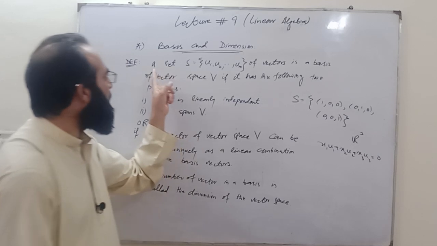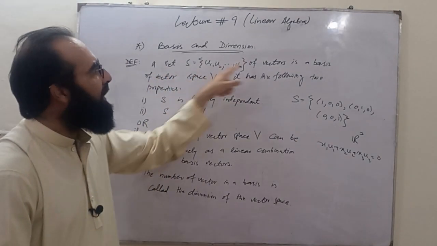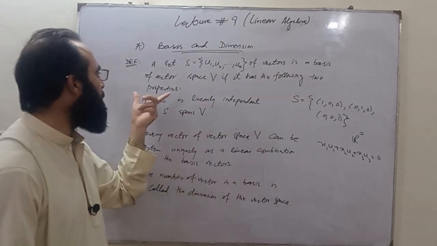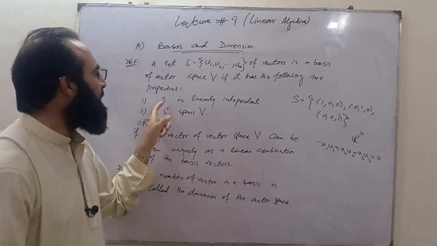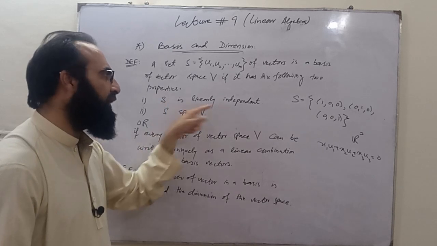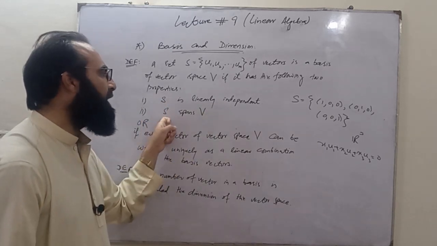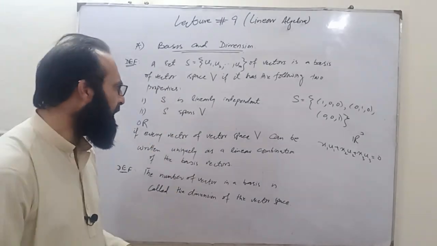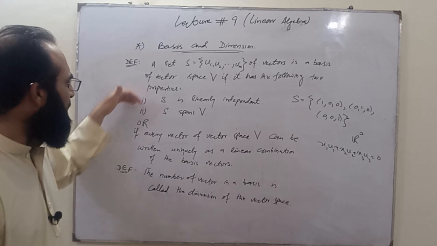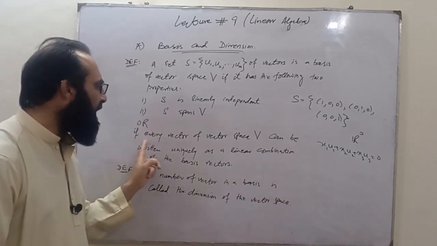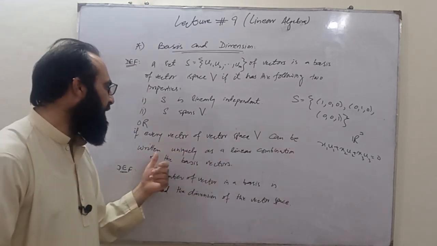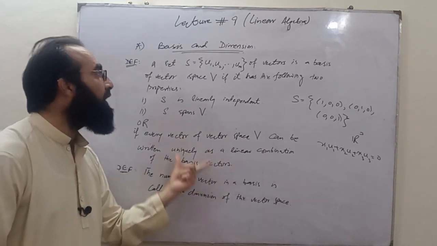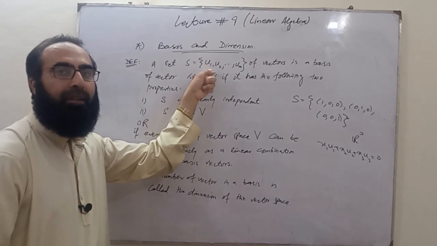Now, the definition: a set S of vectors is a basis of vector space V if it has the following two properties. Number one, the vectors in the collection S must be independent. Number two, S must span the whole vector space. Also, you can write its definition like this: if every vector of a vector space can be expressed uniquely as a linear combination of this basis set.